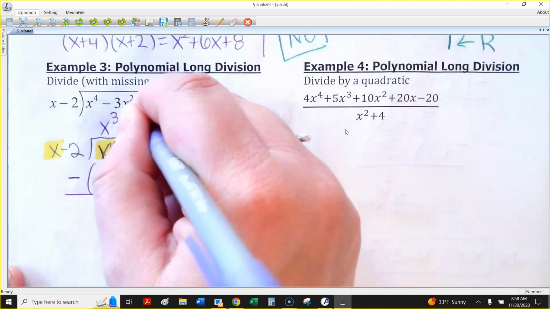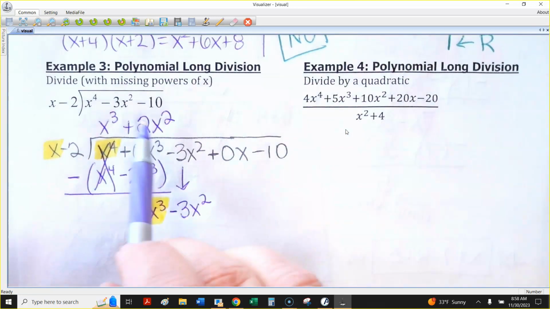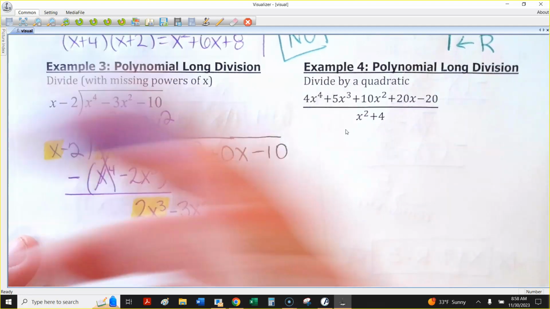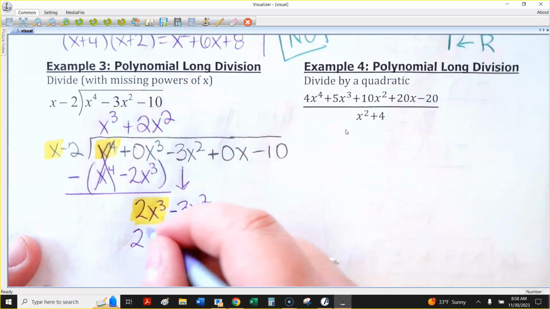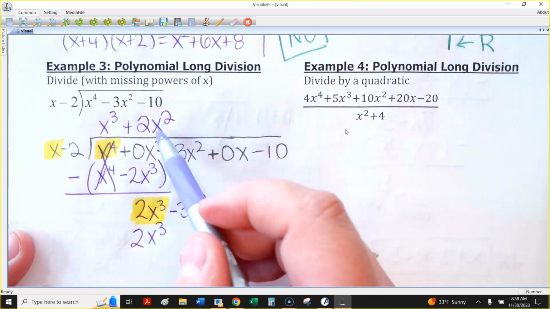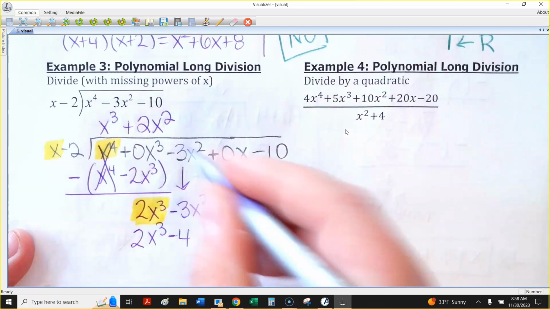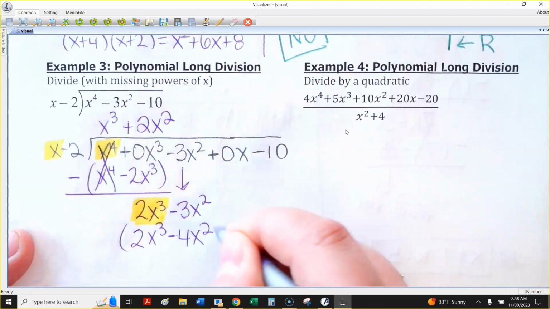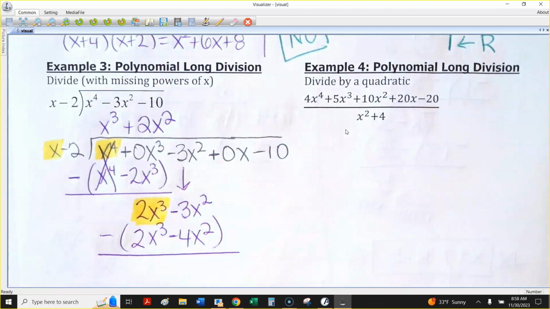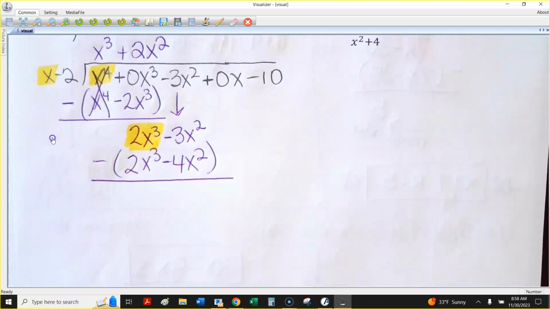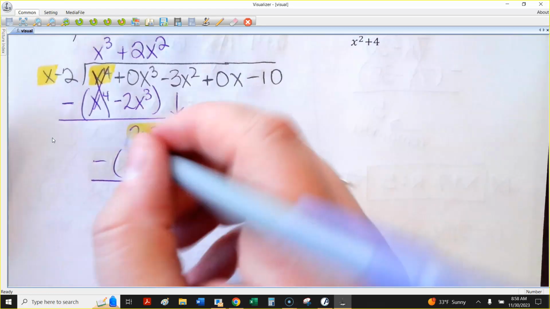All right, so 2x squared. 2 times x, or 2, just right there is just 2, and then x squared times x gives you the x cubed. Now, you have to do that by the 2 also, so 2 times negative 2 is negative 4, and then we'll just have an x squared with that. Always subtracting between the steps. If I've done this correctly, then these guys should go.